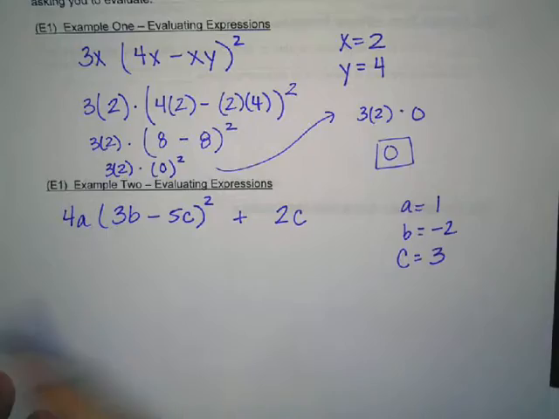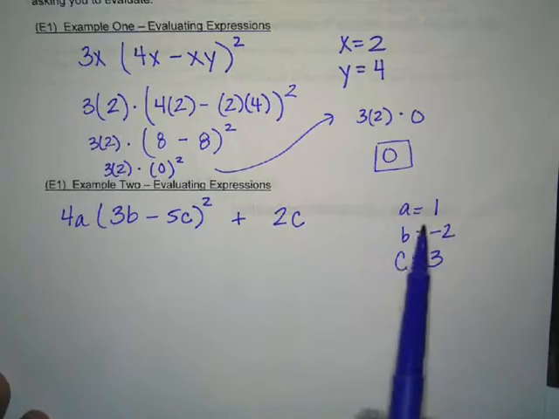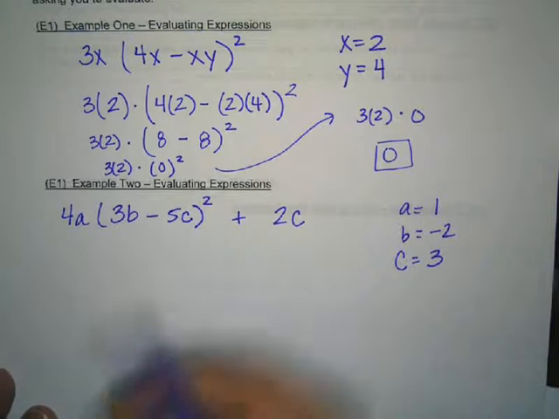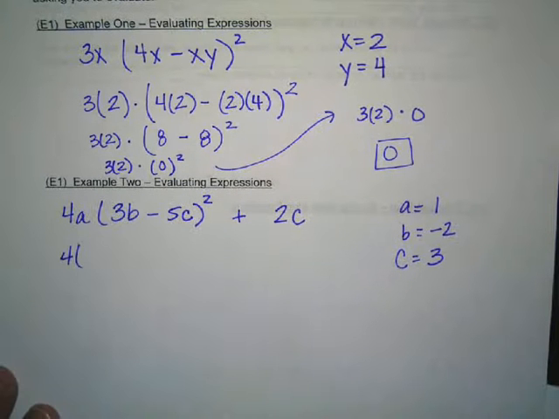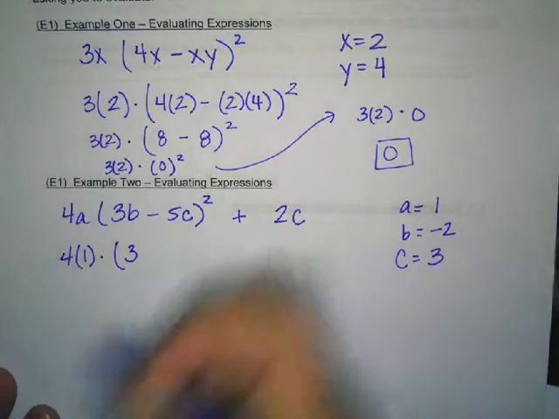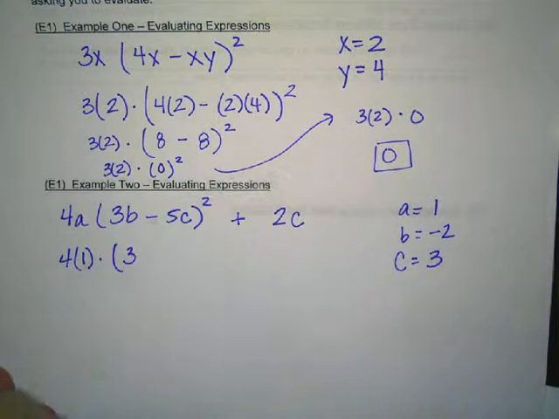Again, as the expressions get more complicated, you still approach it the same way. So we're still going to, whenever we see an A, put in a 1. Whenever we see a B, we're going to put in a -2. We're going to put in 3 for C. Might seem kind of tedious to do this step by step, but I'm also preparing you for a high pressure test where it is important that you go slowly so that you don't make simple mistakes. Especially with a problem like this, it would be easy to make a simple mistake.